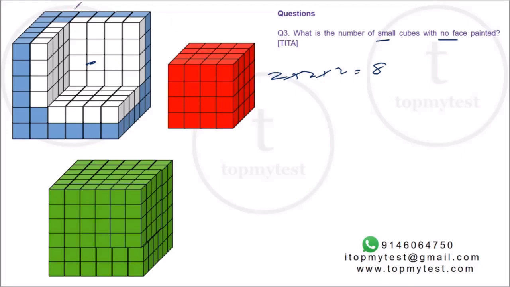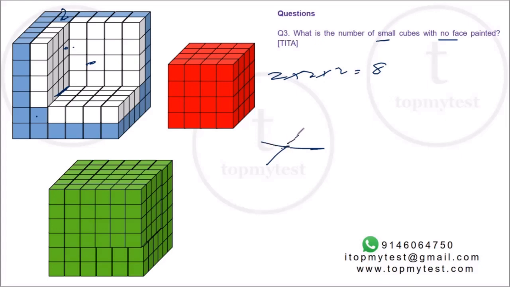Okay, now if you look at this column, ideally, this entire column should have been unpainted. Below this, except for the top layer, the entire layer would have been unpainted. But this layer is painted, but there is a cube which is adjoining these two.